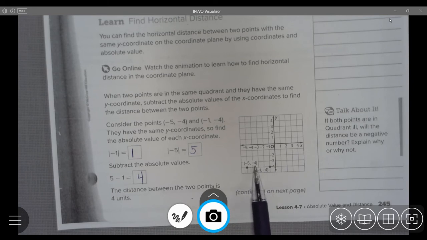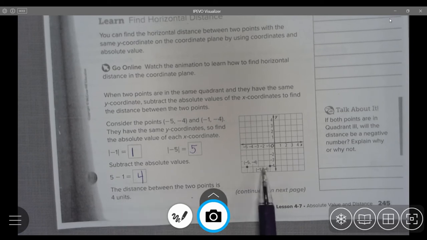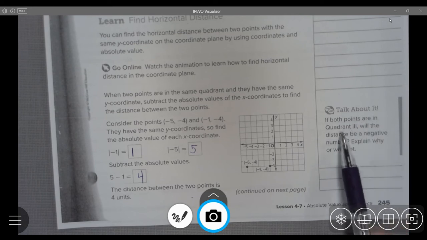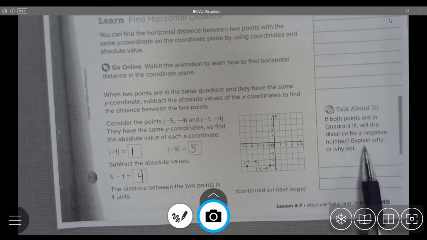So we would count 1, 2, 3, 4. That's another way to look at it: we can do the subtraction or we can do the count. If both points are in quadrant 3, will the distance be a negative number? Explain why or why not.